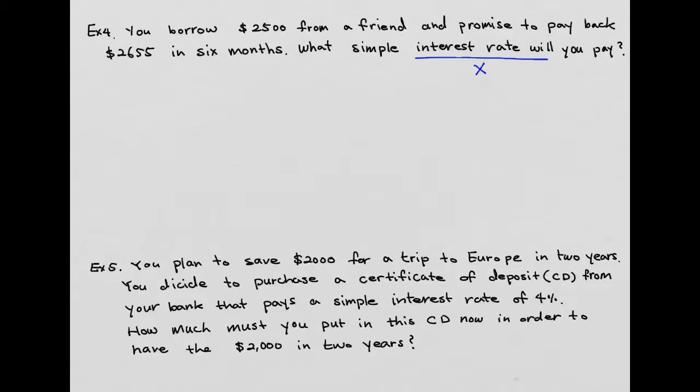And in the beginning of this section, we had the formula A equals P times (1 plus rt). So when we have our total amount, this is the formula we're going to use. And when we replace this with the given values, we get 2,655 equals the starting amount, principal, 2,500, times (1 plus our rate, which is unknown, x, times the time).